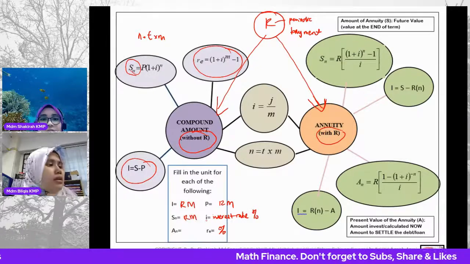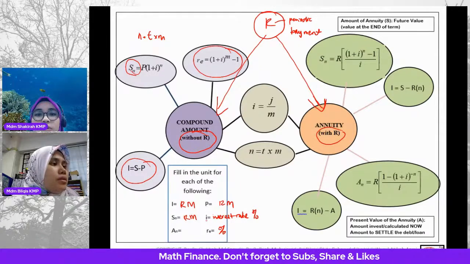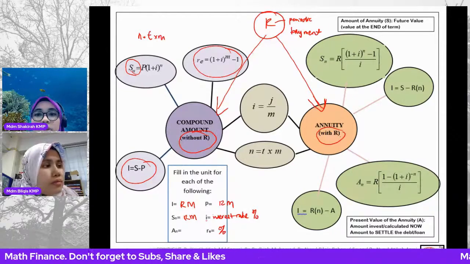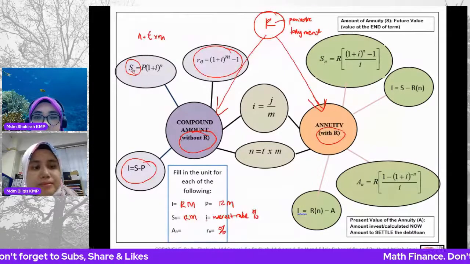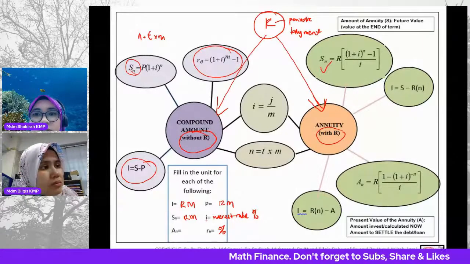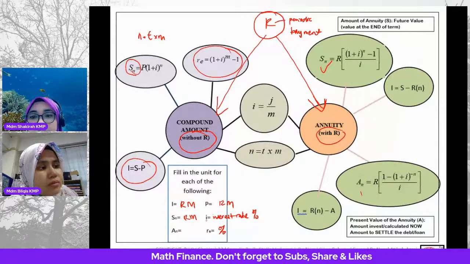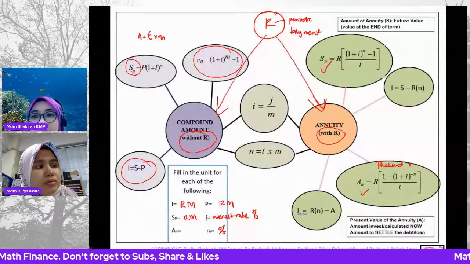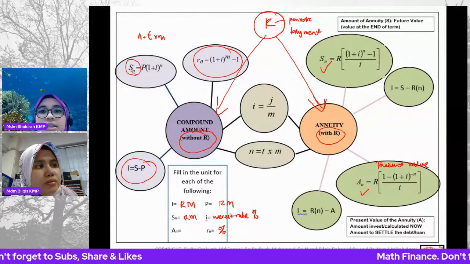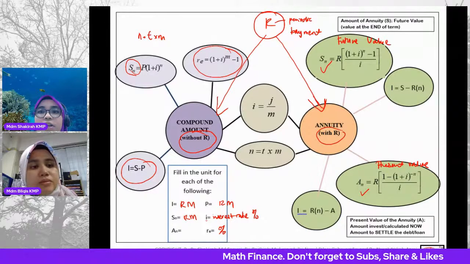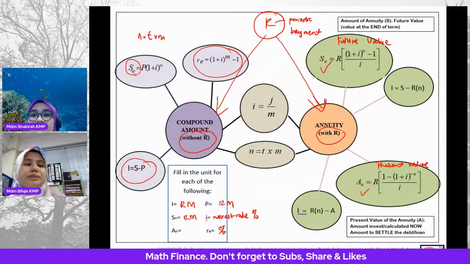Alright. So now let's go with annuity with R. You need to remember in annuity we have future value. So this is future Sn and An is for present. So this is present value and this is future value. Kenapa nama dia berbeza?